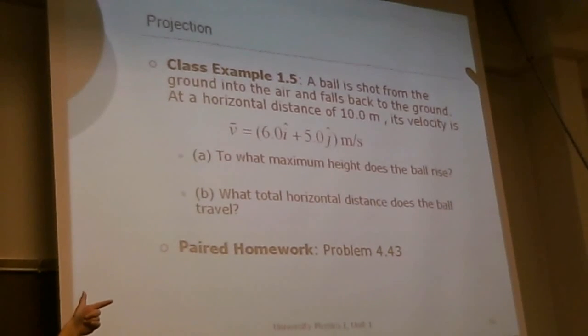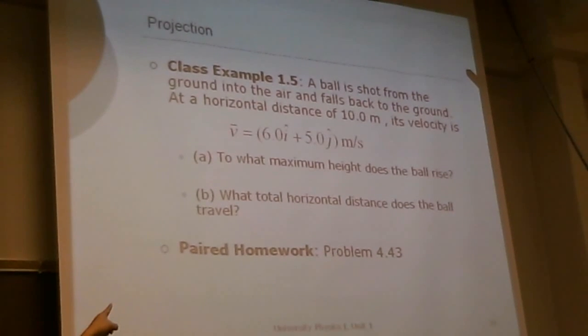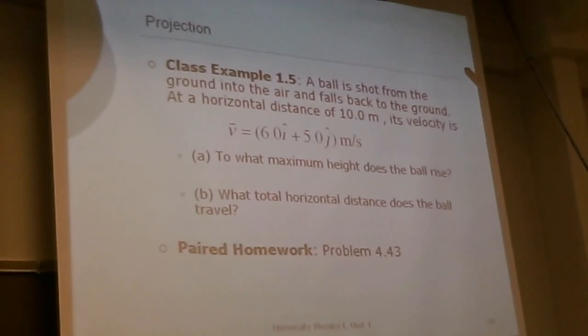So at that point, what is the horizontal velocity, and what is the vertical velocity? Here we give you those components. We want to find what maximum height the ball rises and what total horizontal distance the ball travels.